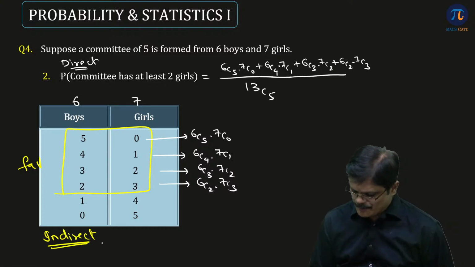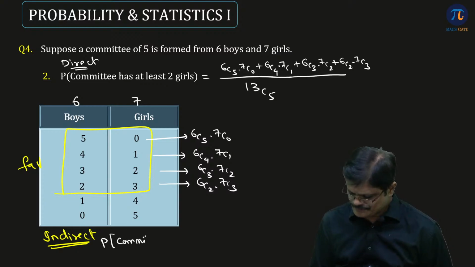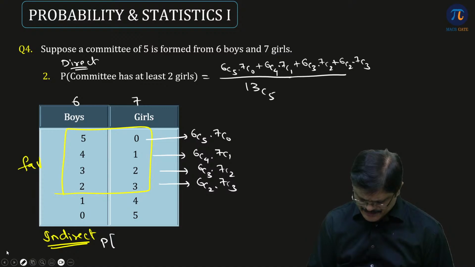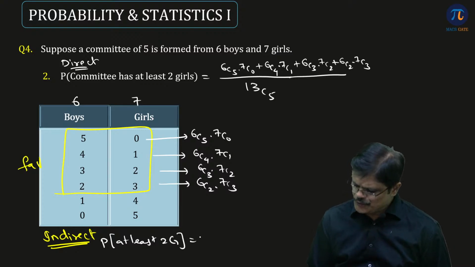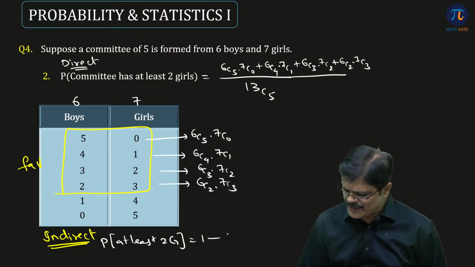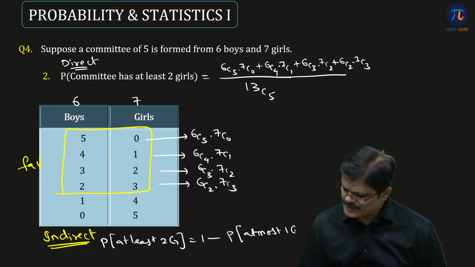So what is it that you want? Probability that the committee has at least 2. So why write the entire story? Let me just write that important statement. Committee, we are already talking about committee, at least 2 girls. So whenever you want at least 2 girls, from 1 you can subtract at most 1 girl.